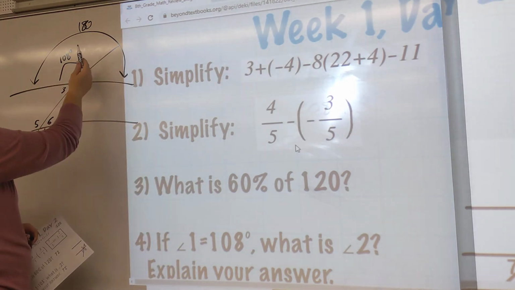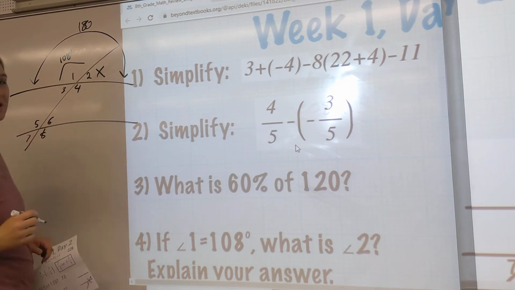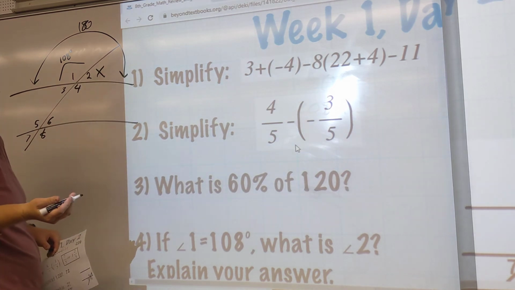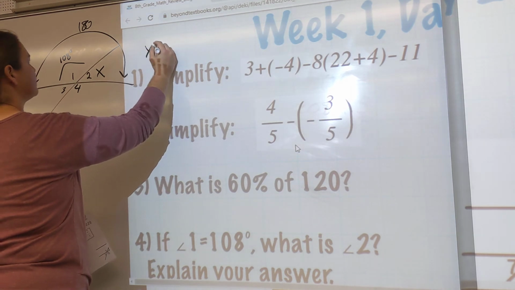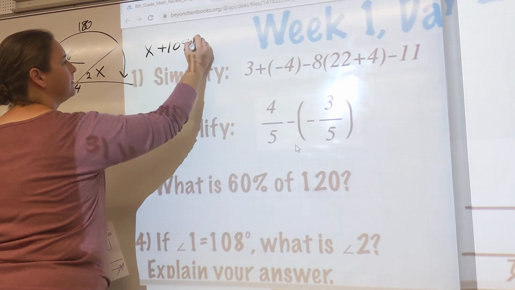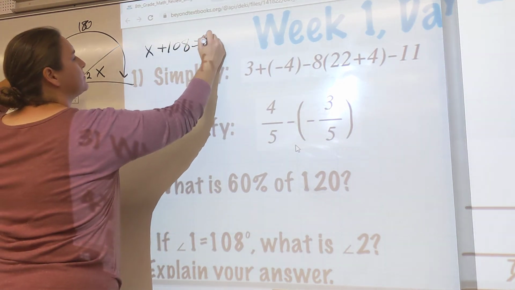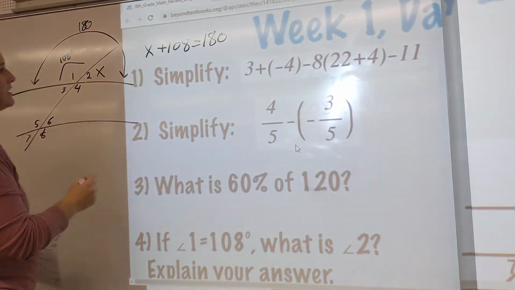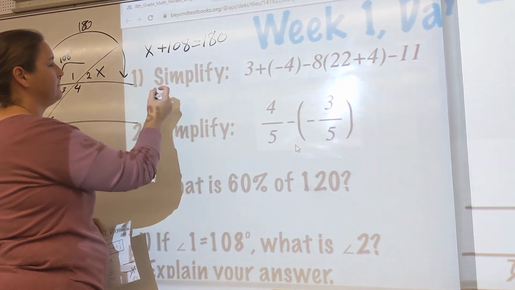Okay? So we know that over here, if we call this an x, because we don't know what it is right now, we can say x plus 108, because that's what's left over here, right? Equals 180. Because we know that both of them together equal 180, right?